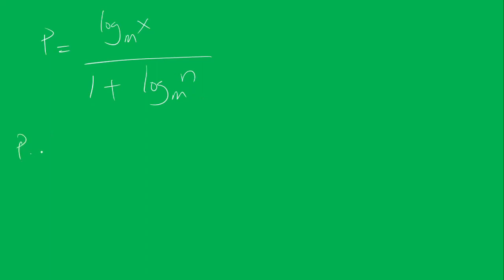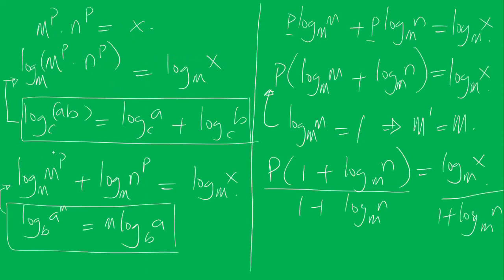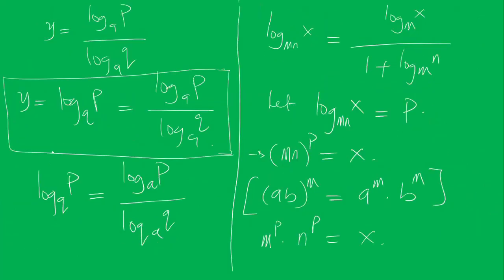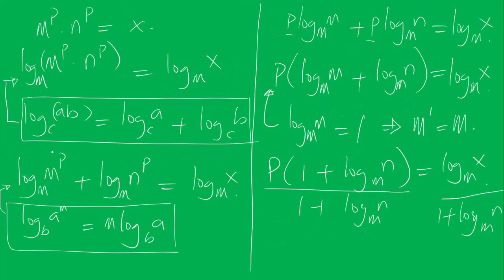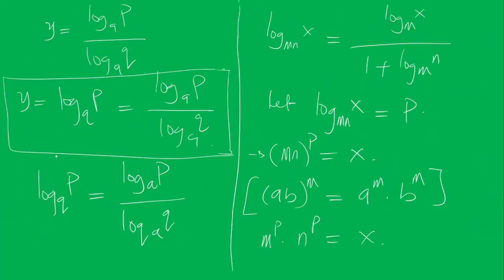So p is equal to, we said let p be equal to, where is it again? Okay, this is here. We said let log x base mn be equal to p. That is what we said, which is here.